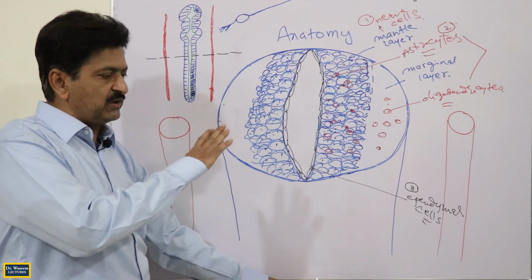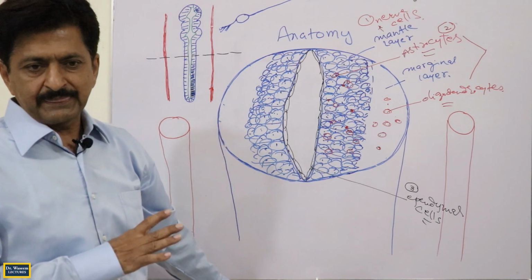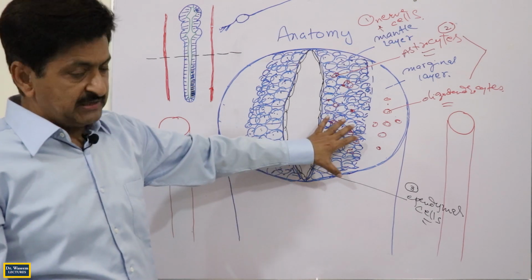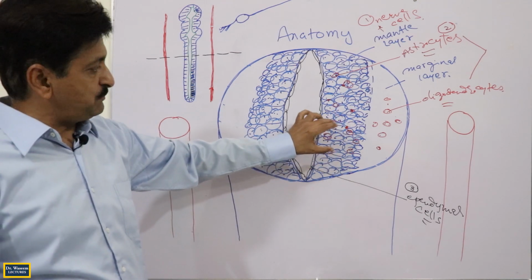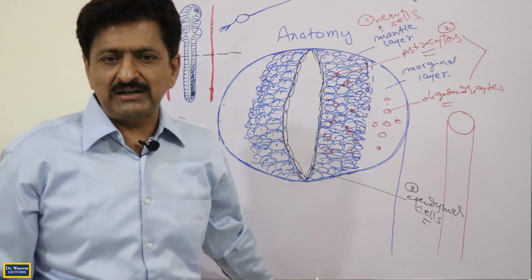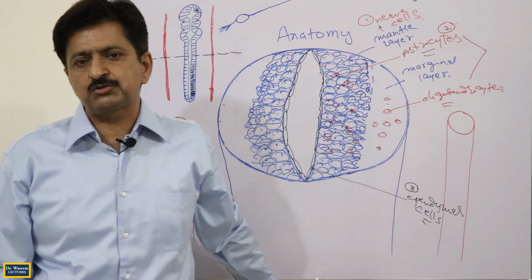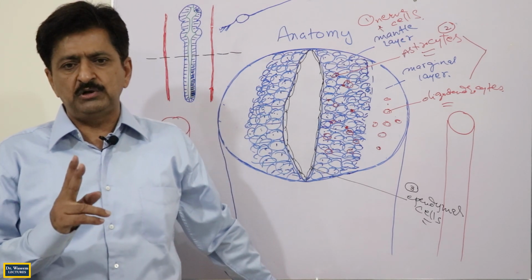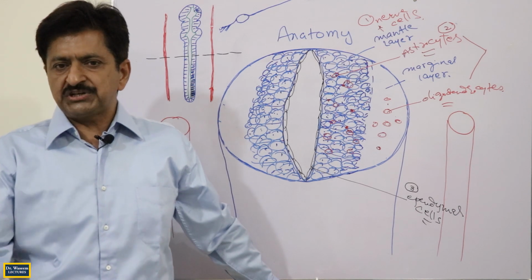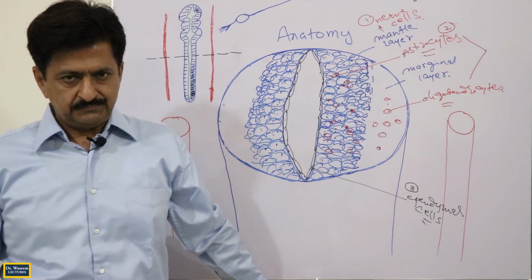if this is the central nervous system configuration, how does the peripheral nervous system develop? You know that this is the mantle layer, and in this mantle layer especially, because the nervous system has to perform two important functions. One is called motor function, another is sensory function.